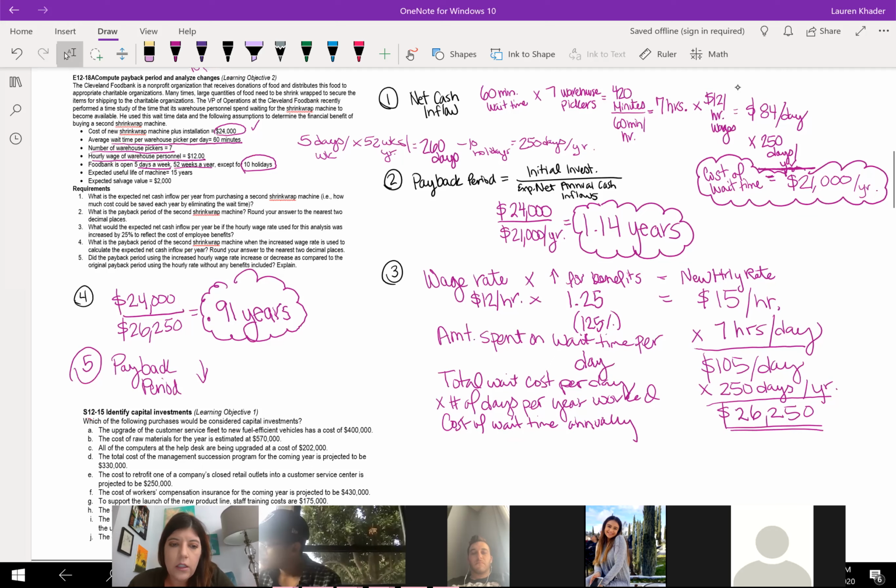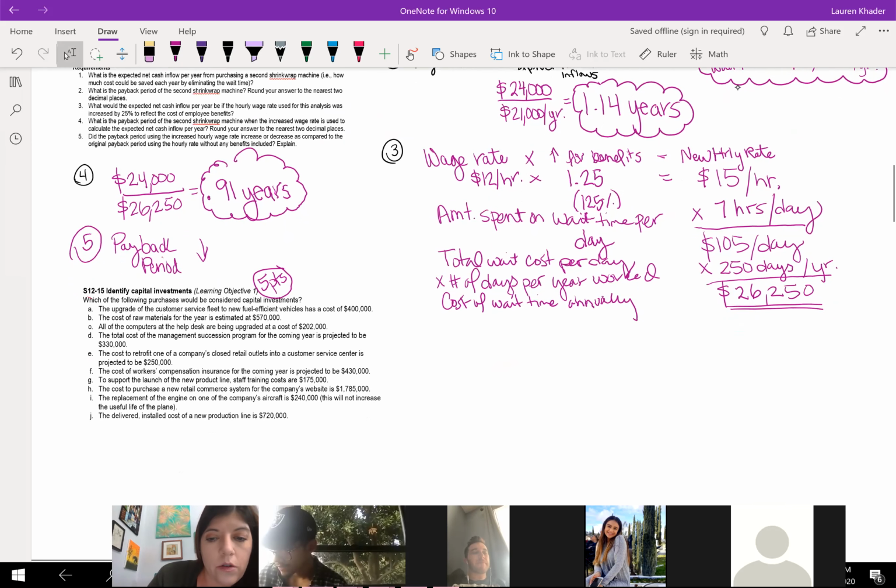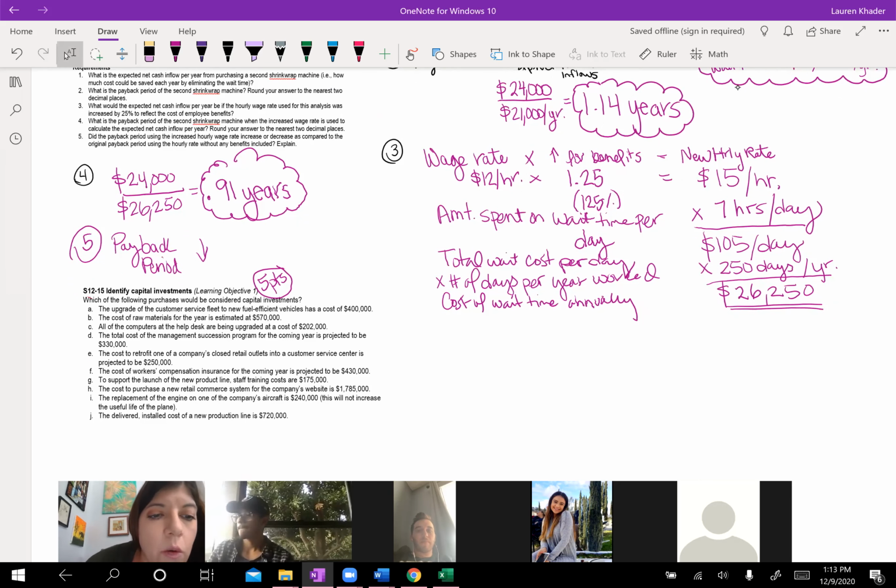For the last chapter 12 problem, it's only a 5-point problem. Short exercise 12-5, identifying capital investments. So you're determining whether or not it's a capital investment, yes or no. Which of the following purchases would be considered capital investments?